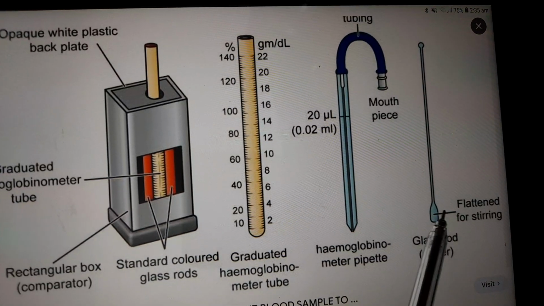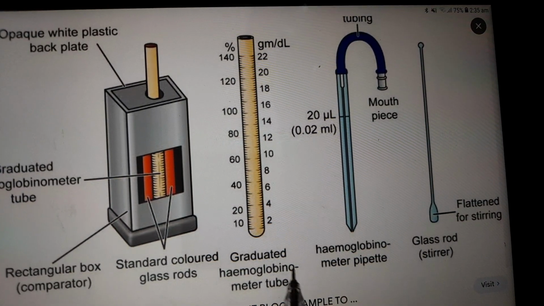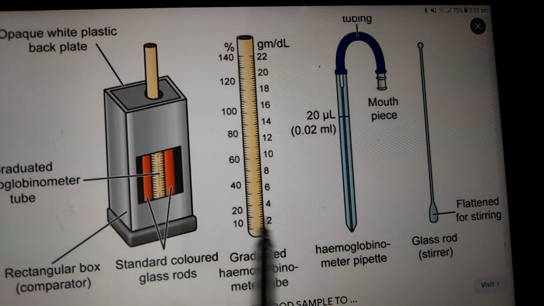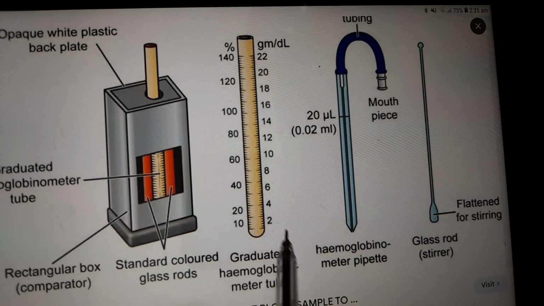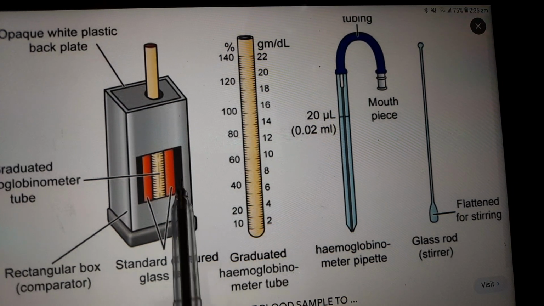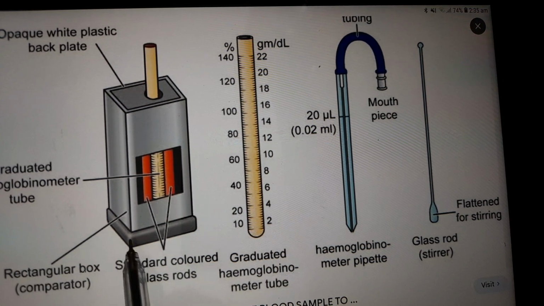Now, firstly, you can see a glass rod or a stirrer. Then we have this hemoglobinometer pipette. Then we have this graduated hemoglobin tube. Then we have this comparator box.